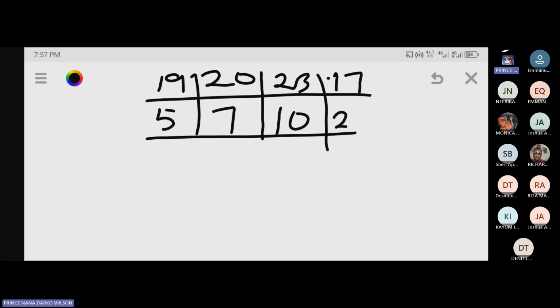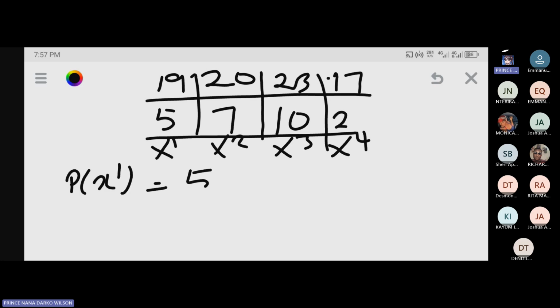So the question mentioned that, let's say each event is labeled as X1, this is X2, this is X3, and this is X4. Then the probability of an event like X1 is going to be the number of ways X1 can occur, which is 5, over the sum of the individual events, which is 5 plus 7, that's 12. 12 plus 10, that's 22. 22 plus 2, that's 24.